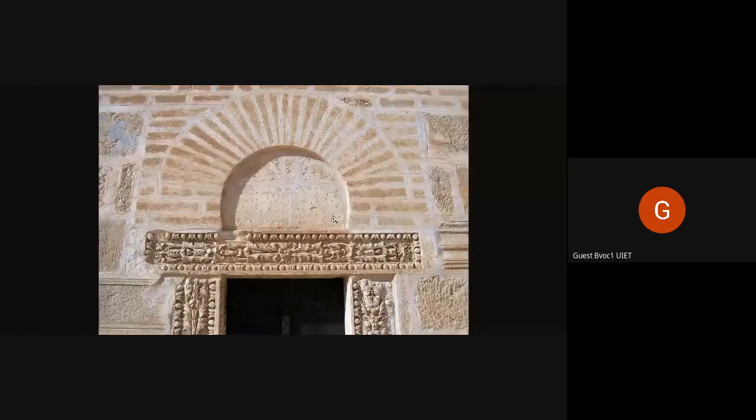Let me show you this image. See, this is a Roman lintel.